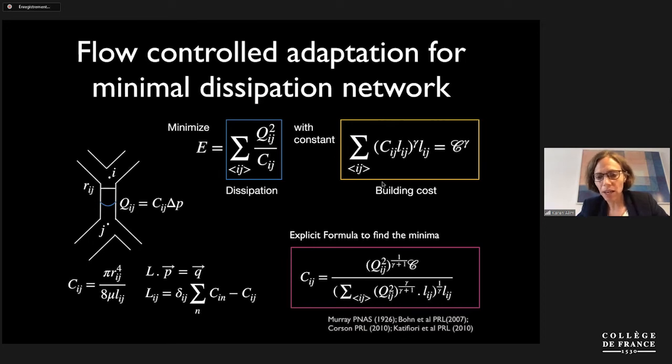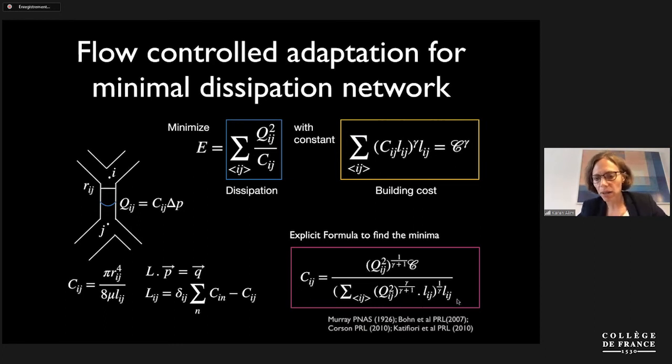Which means that if you start with an initial setup of conductances and flow rates, which are determined by the pattern of inflow and outflow, you can deduce from these the ideal conductance of the individual tubes if I want to minimize this dissipation.